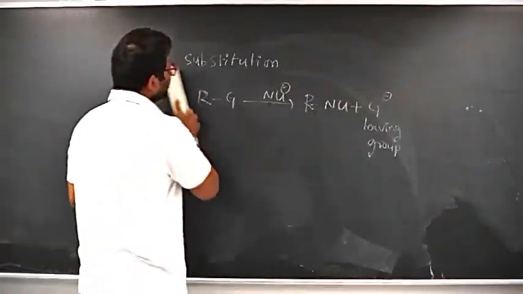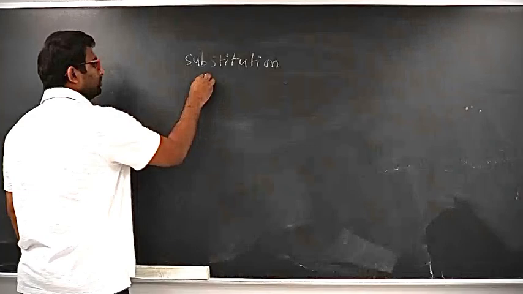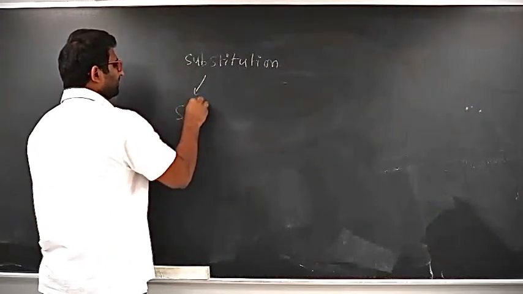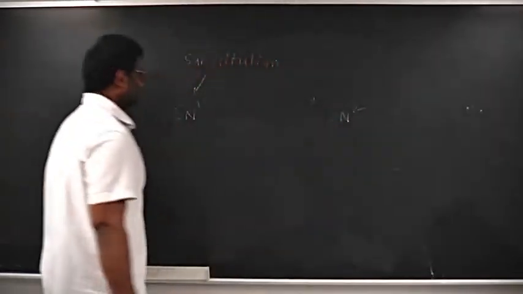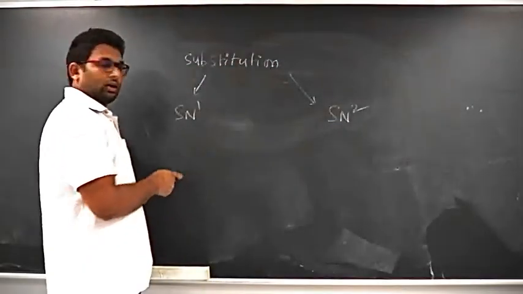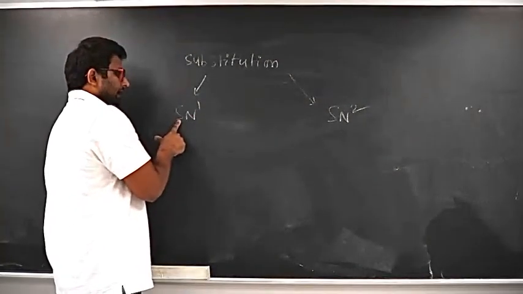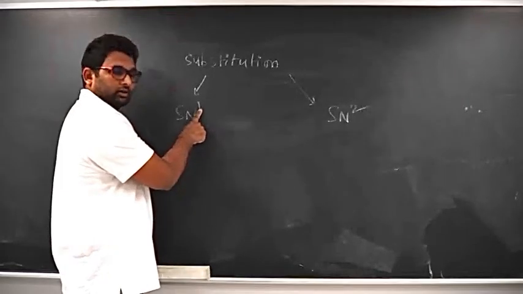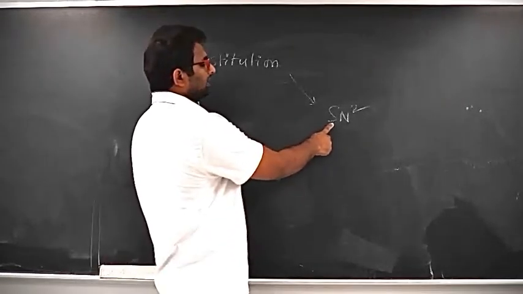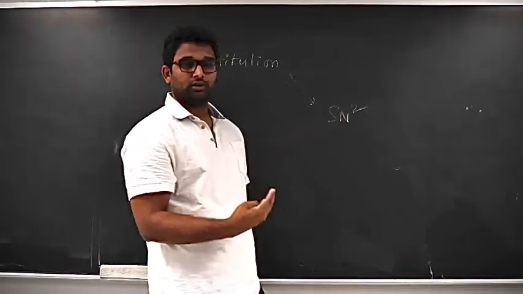Based on the way the substitution happens, substitution reactions are mainly divided into two. One is SN1, the other one is SN2. From the name, SN1 is substitution of nucleophile, where 1 stands for unimolecular. SN2, substitution of nucleophile, where 2 stands for bimolecular.